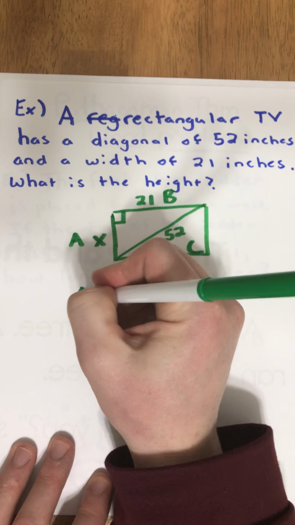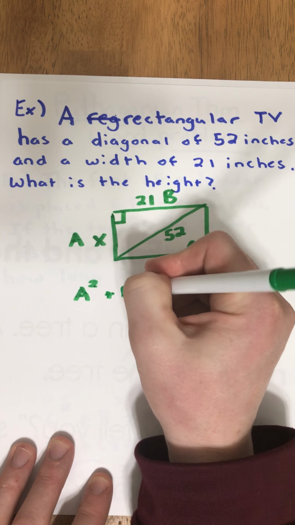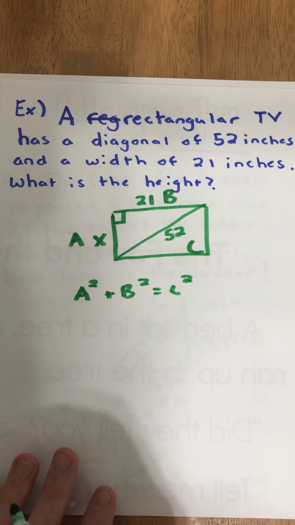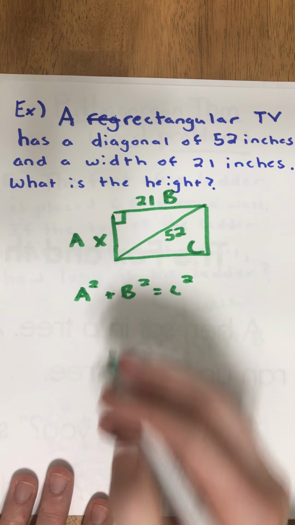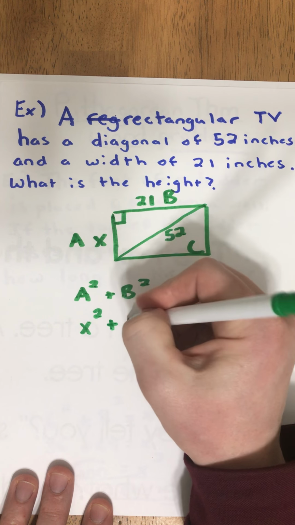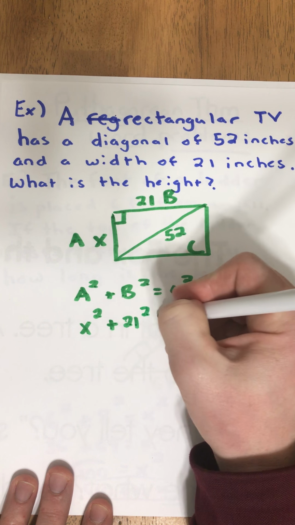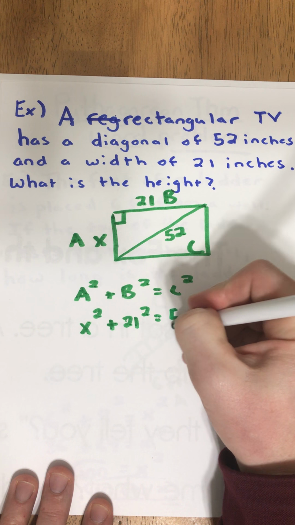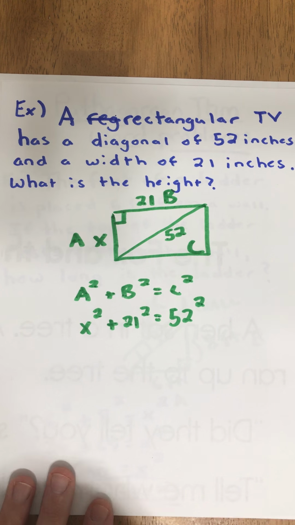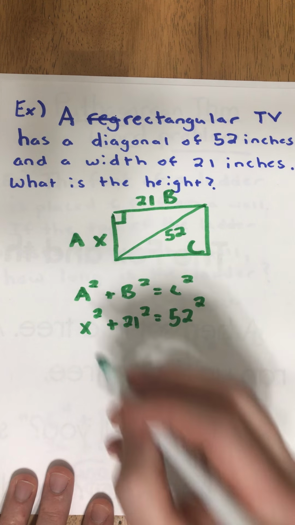So I'm going to do A squared plus B squared equals C squared. My A here is going to be x. My B is 21. And my C is 52. So I have x squared plus 21 squared equals 52 squared.